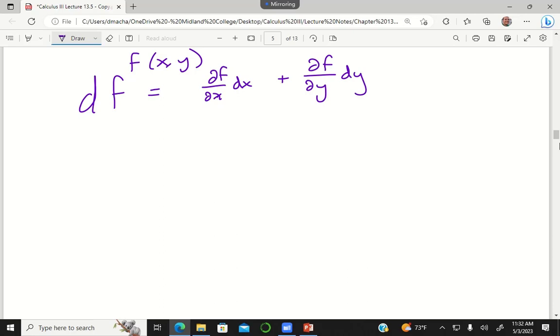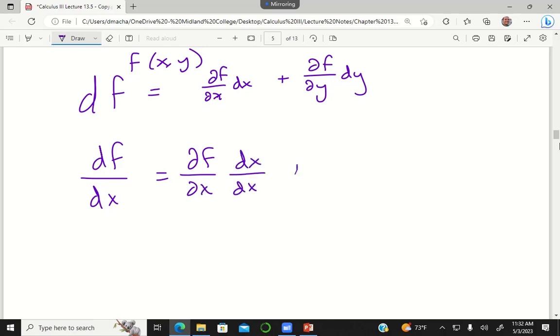So if I want to take the derivative of lowercase f with respect to x, this would be the partial of f with respect to x times dx over dx plus the partial of f with respect to y dy dx. Dx over dx is just 1, so I can forget about that part.